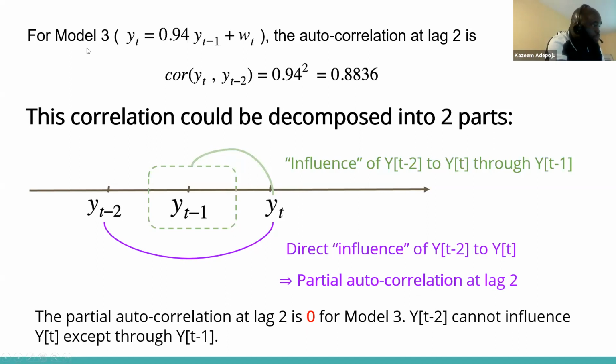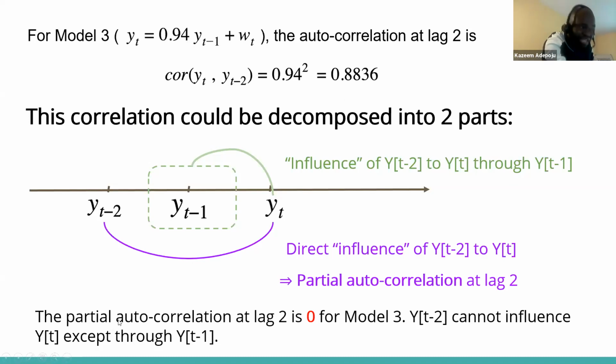Because when you take a look at model 3, we only have order 1, and if it is order 1, then we expect the partial autocorrelation at lag 2 to be equal to 0, though the autocorrelation is 0.8836.